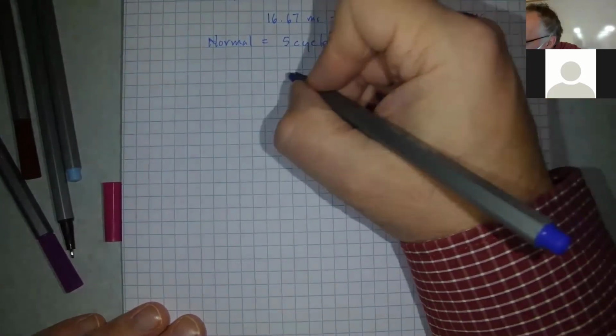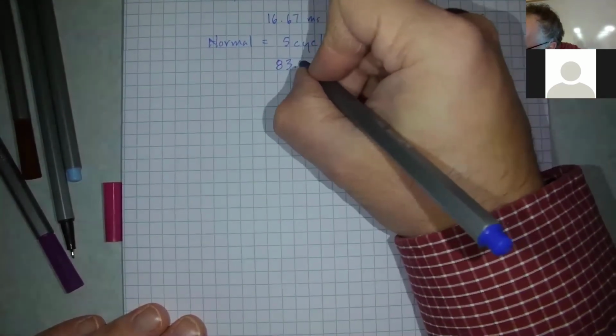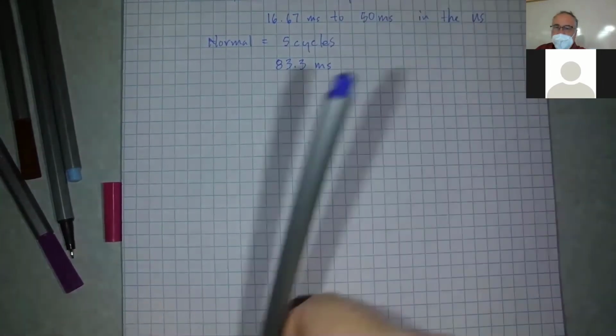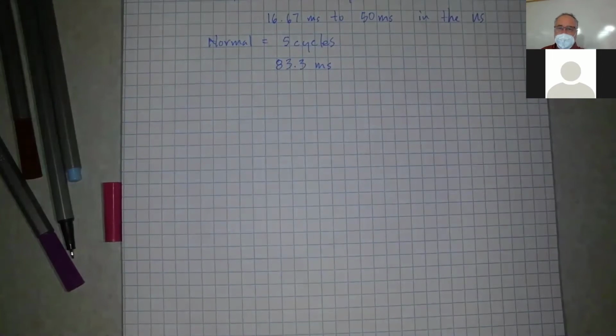So 5 cycles would be 83.3 milliseconds. Okay. Is that making sense? Okay.